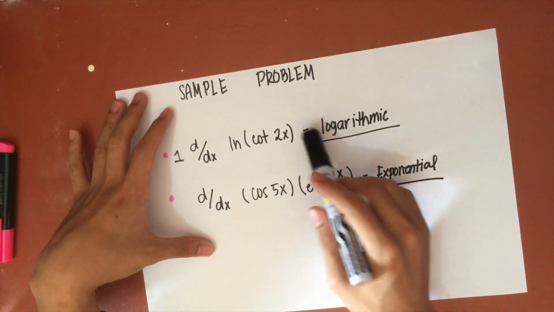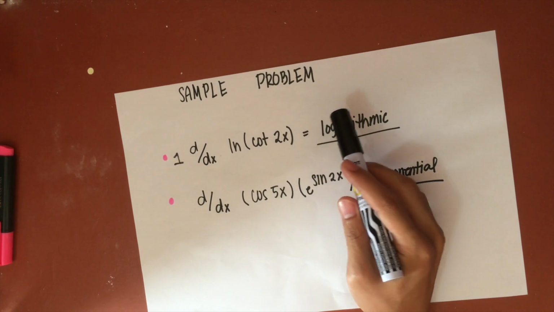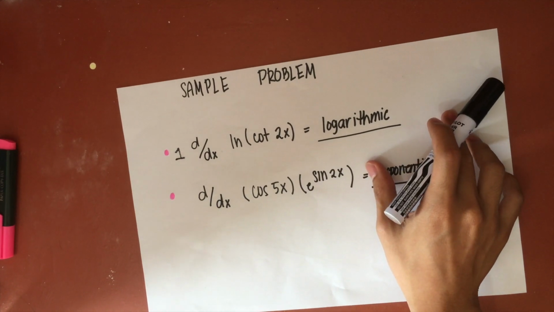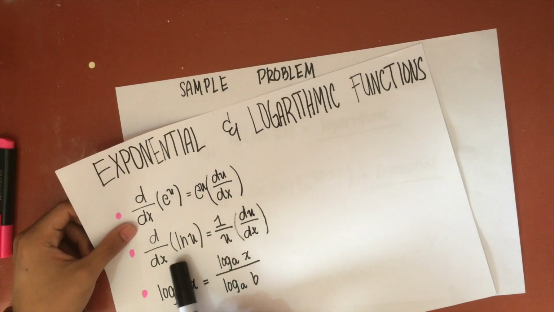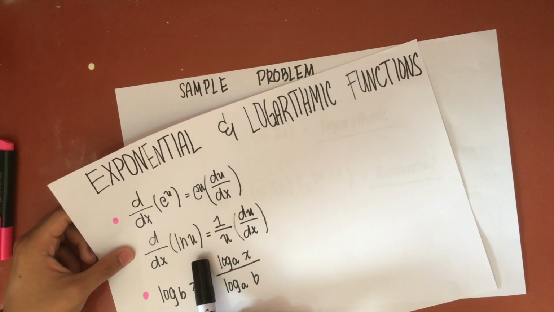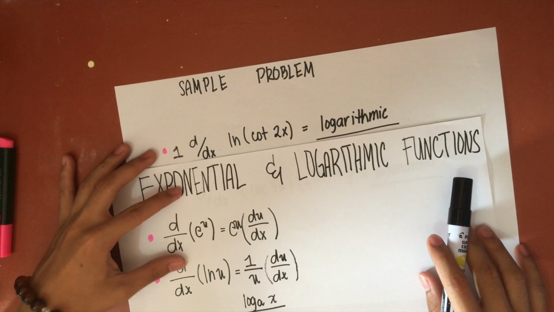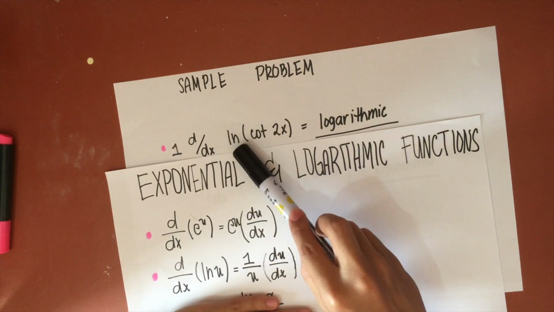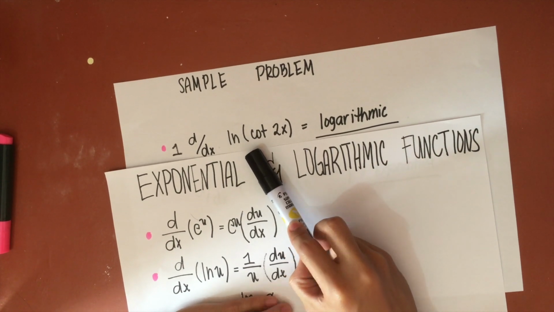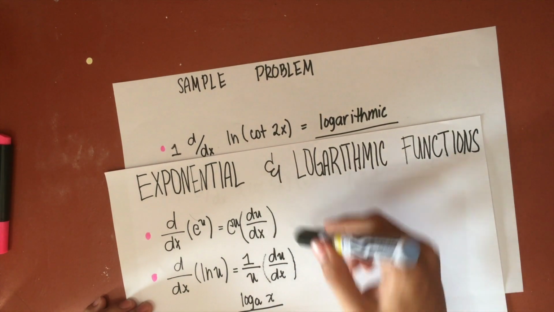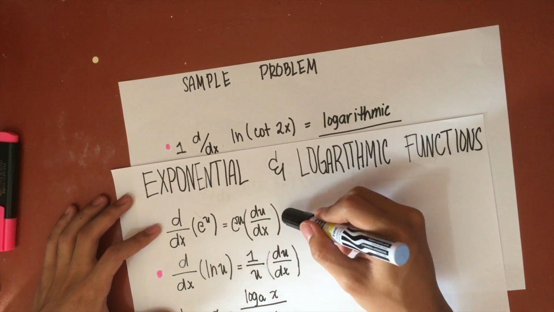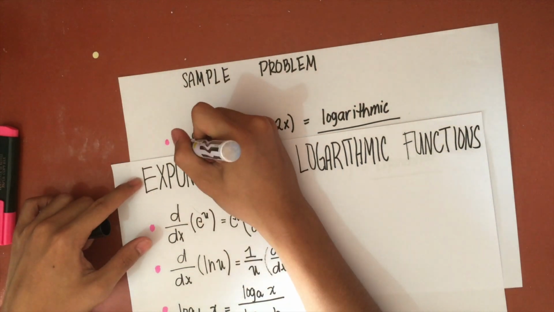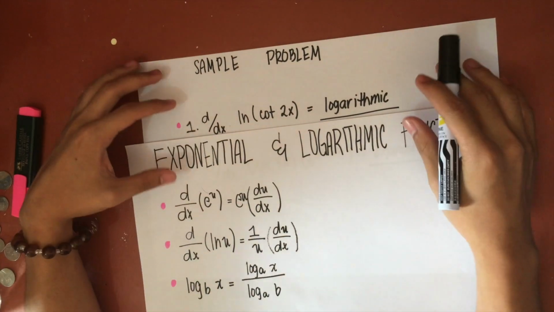If you encounter this, you can easily identify that you may use this kind of formula, the second one here, because there is a natural logarithm, so you can easily identify which formula to use to solve this problem. Now, are you ready? Okay.